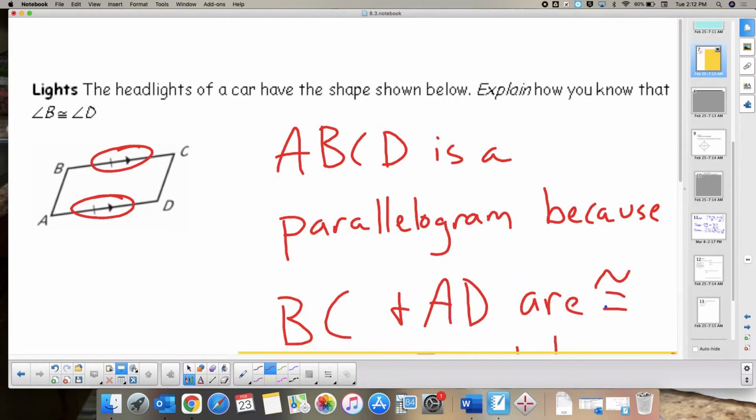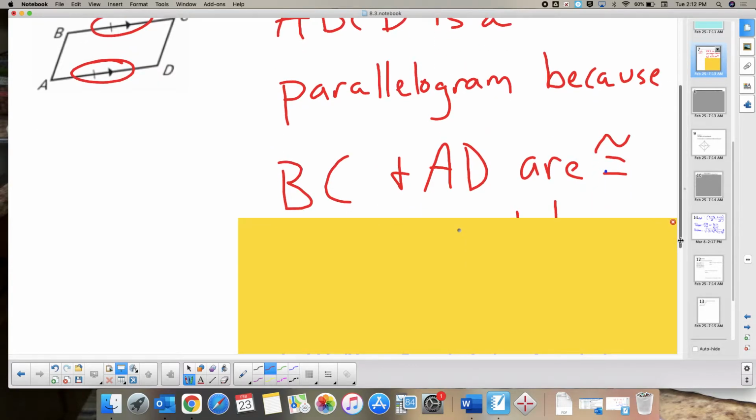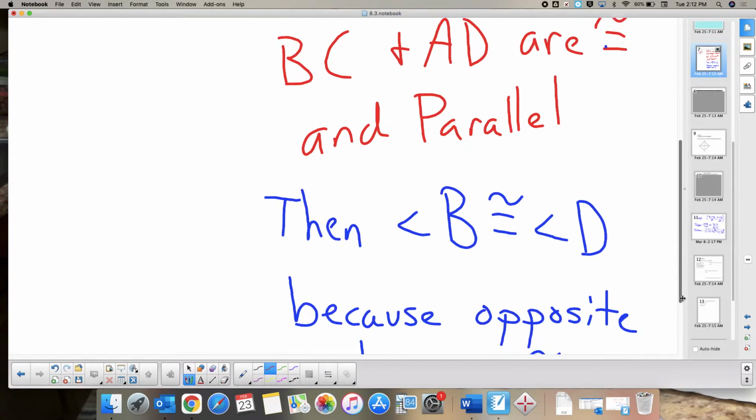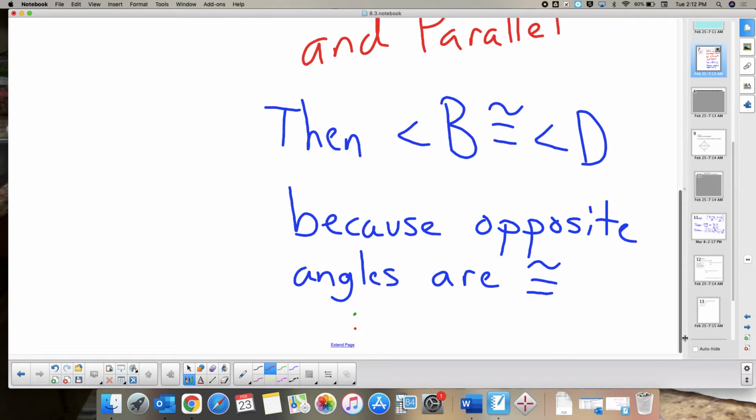So BC and AD are congruent, and they are parallel. Once you show that you have a parallelogram, all those properties, such as opposite angles being congruent, will also have to be true. Now, overall, there are 5 ways to show that you have a parallelogram.